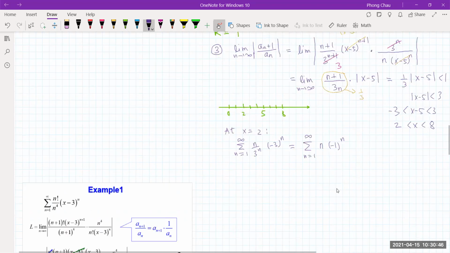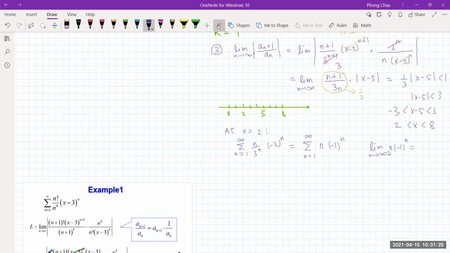So how do we do that? Don't forget that the first test is called the divergence test. Does the limit not equal 0? To check using the divergence test, I'm taking the limit of n times -1 to the n as n approaches infinity.